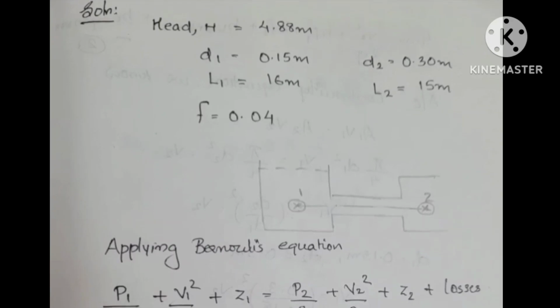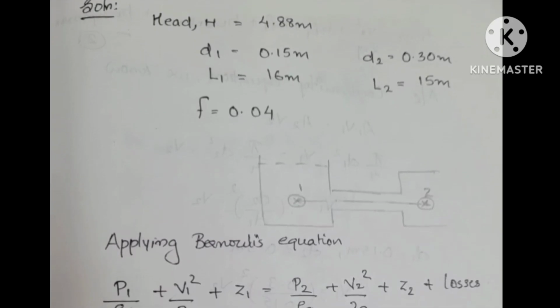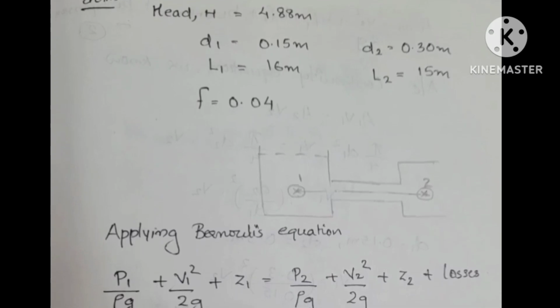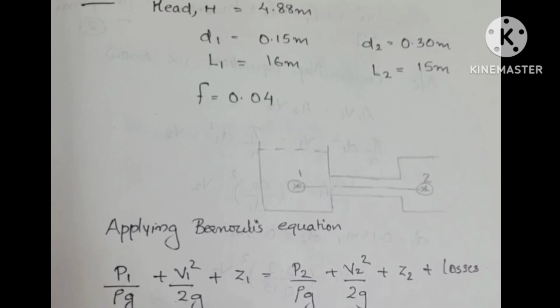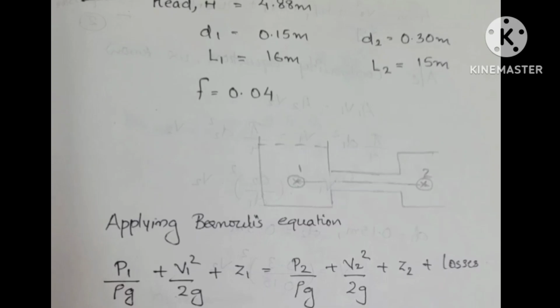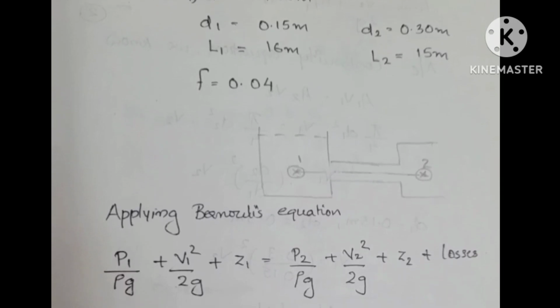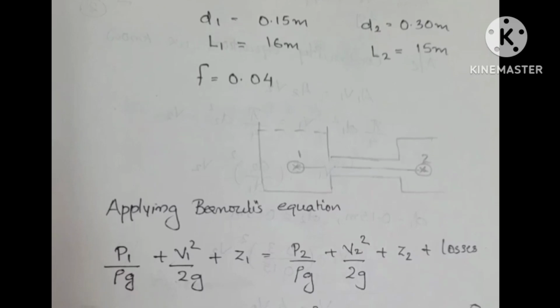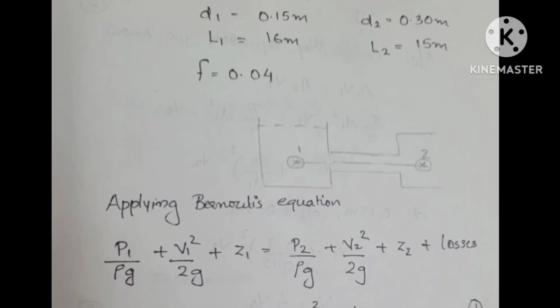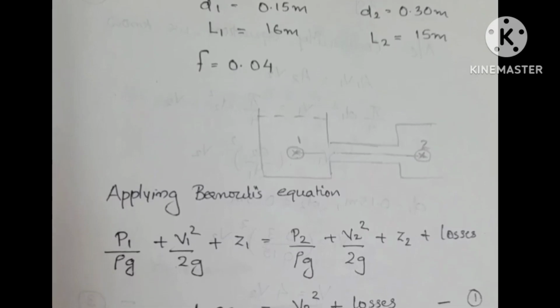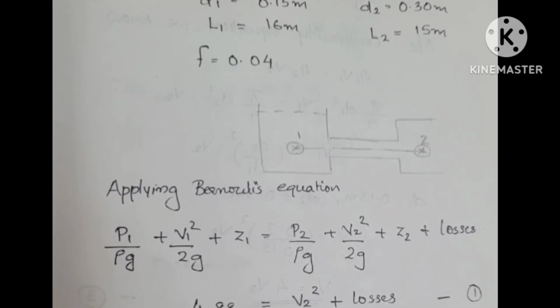Firstly, we have to write what all things are given in the question, and after that, considering two sections 1 and 2 and applying Bernoulli's equation, we can write P1 by rho g plus V1 square by 2G plus Z1 is equal to P2 by rho g plus V2 square by 2G plus Z2 plus losses.